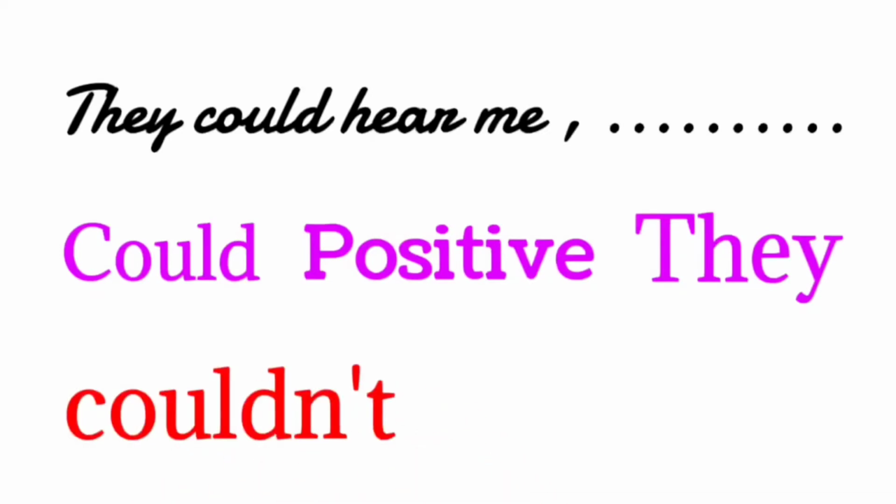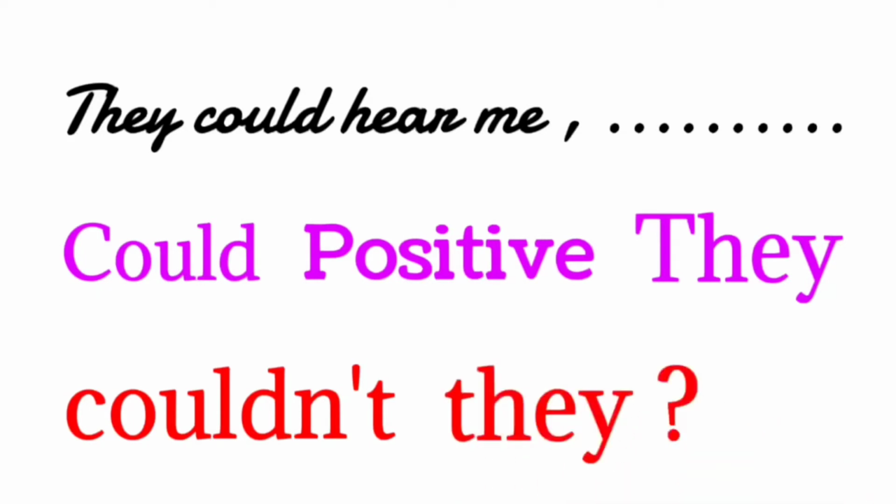So we need to change it into negative. So could plus not becomes couldn't. And the subject is they. So the question tag is couldn't they. They could hear me, couldn't they.